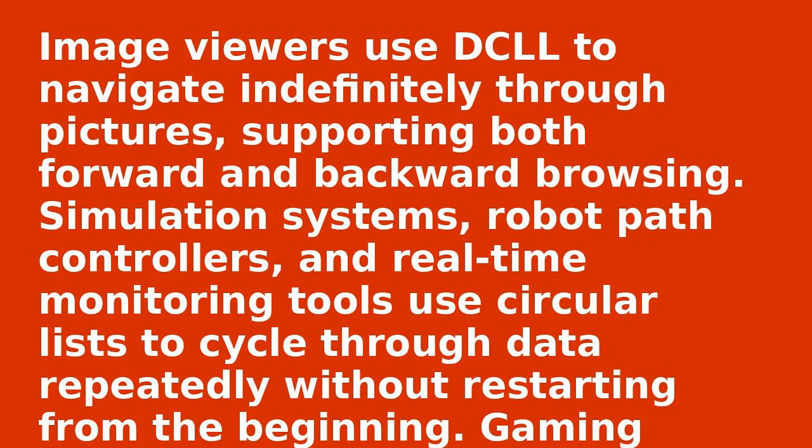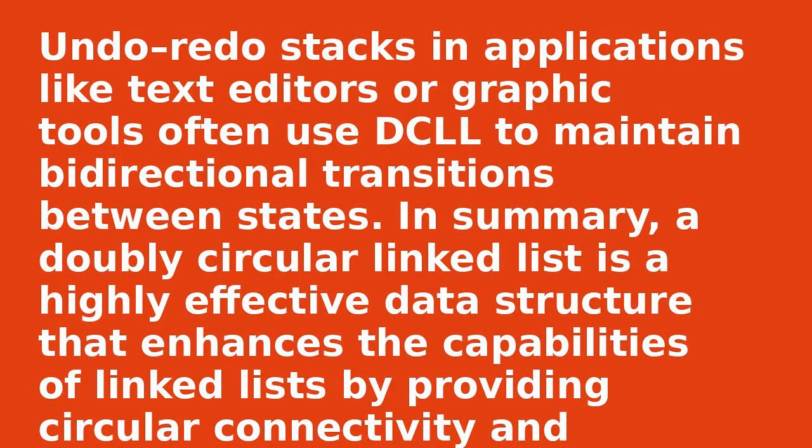Simulation systems, robot path controllers, and real-time monitoring tools use circular lists to cycle through data repeatedly without restarting from the beginning. Gaming systems use circular linked lists for maintaining turn orders in multiplayer games. Undo-redo stacks in applications like text editors or graphic tools often use DCLL to maintain bidirectional transitions between states.